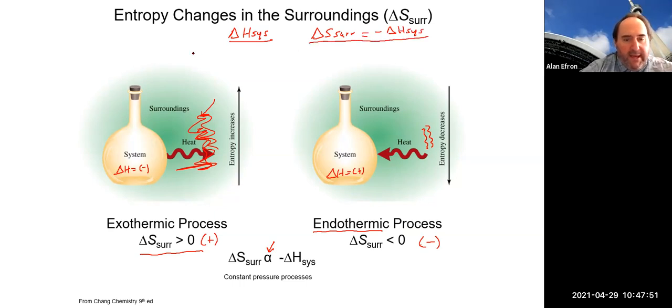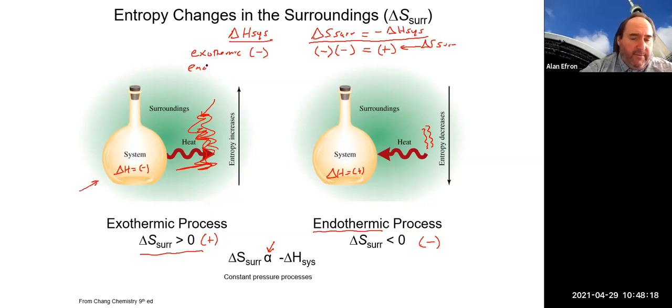In an exothermic process, our delta H would be negative, which means our delta S of the surroundings would be the negative of the delta H value, where our delta H is negative. So negative and negative will turn our delta S of the surroundings into a positive number, which is what we see here.